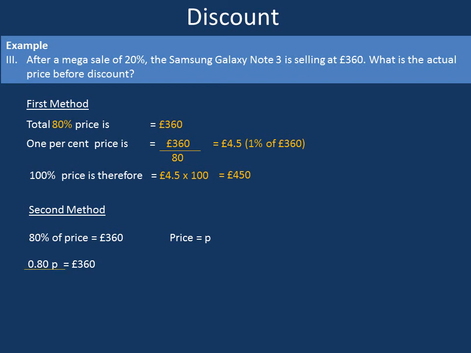So now if you divide both sides by 0.80, then you cross out 0.80 on the right hand side, and you will be left with P equals 360 divided by 0.80. Now when you solve it further, you get £450. £450 is the actual amount it was before the reduction.